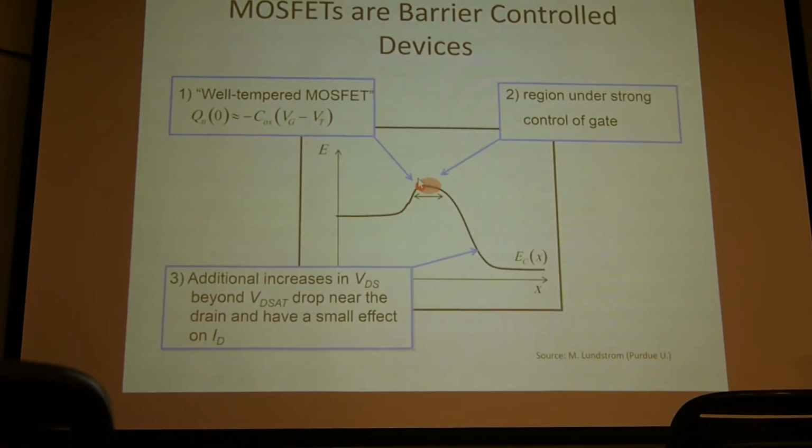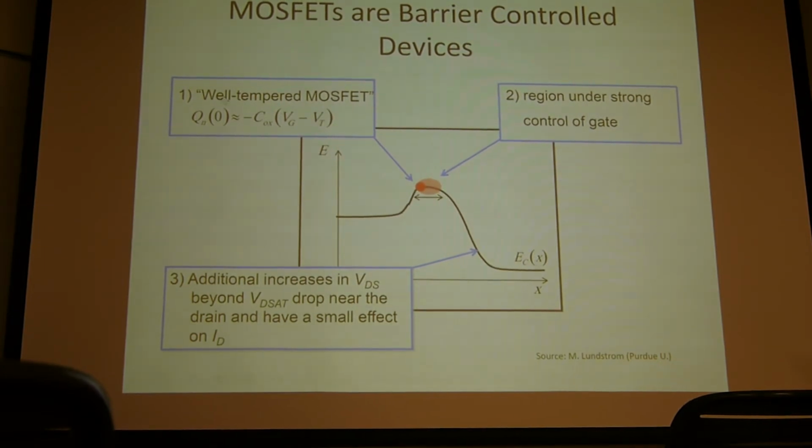Okay, so here you can see what controls the current. A well-controlled MOSFET, what matters here is the electrons that can come over this barrier. So what determines the electrons to jump over this barrier? Of course, it's barrier height, because electrons here have this kind of distribution.